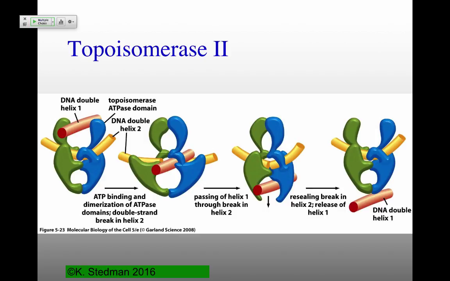That generates these extra pieces which have flopped on top of each other. Your topo 2 would cut here and pass that through on the other side, which would be the same as me untwisting over here. That was positive supercoiling because I was going in the same direction as the helix of the DNA.